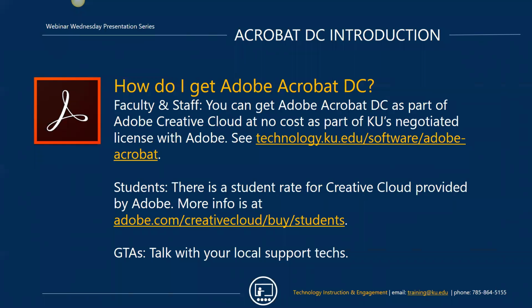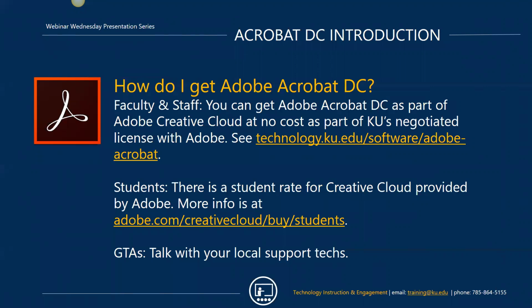There's some more information available at technology.ku.edu/software/Adobe-Acrobat, or you can get to that whole section by going to software.ku.edu. But basically with that, you can download and install Adobe Creative Cloud on up to 2 machines. Ideally, one would be your work machine, and the other one could be your personal machine. We have instructions on the knowledge base on how to do that. I'll send those instructions out with a follow-up, but that's basically how faculty and staff can get it.